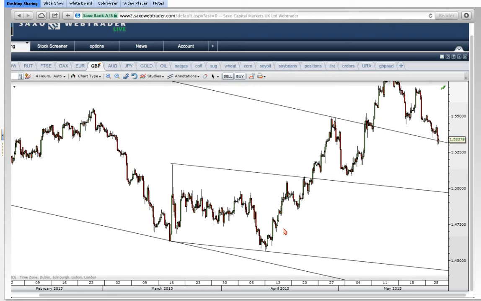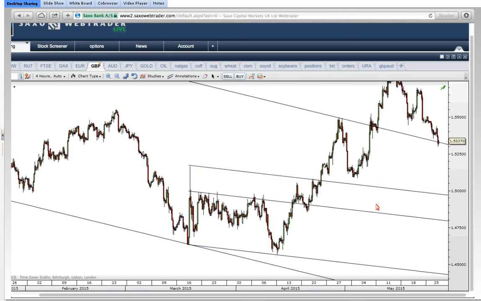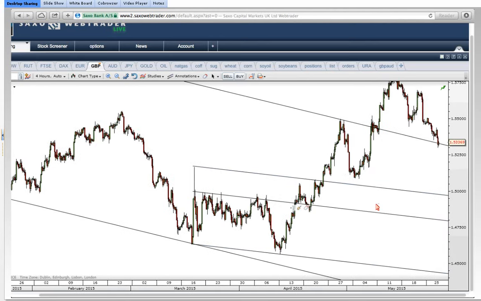And obviously this was also pretty good. This whole thing was a very tradable channel for quite a while. So every time it hit this here, it was tradable, short entries.